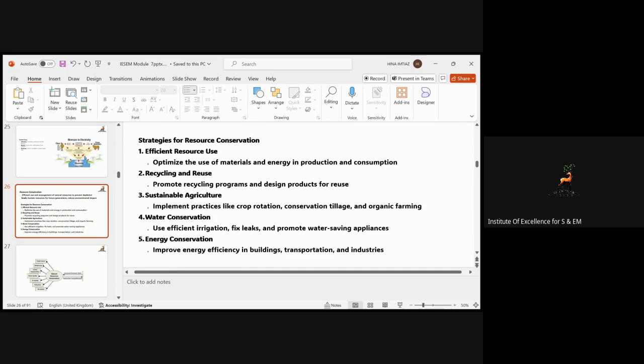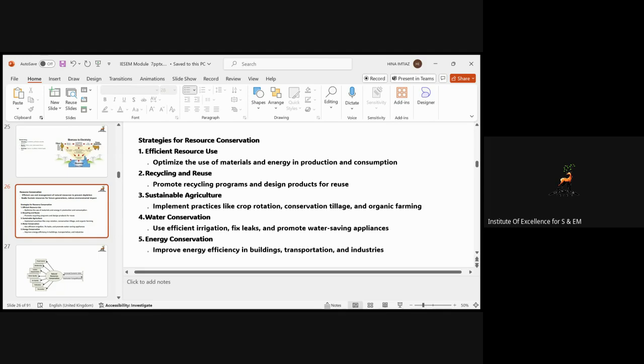Always in the villages there is a rotation of crops. If you are cultivating wheat, then you cultivate the mustard plant for the next 6 months. There is also conservation through tillage, and you have to construct organic farms.